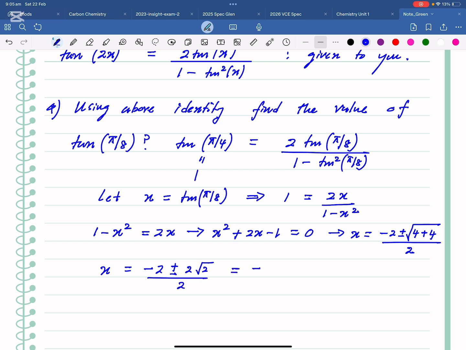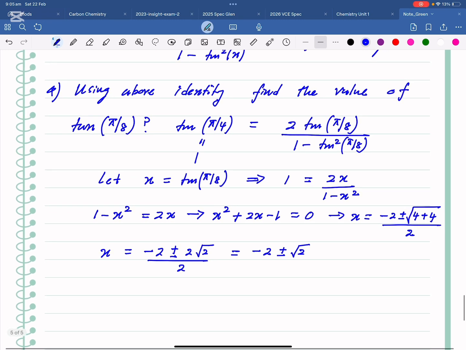So it's going to be minus 1 plus or minus square root 2, right? So what is x now? x is tan pi divided by 8. So tan pi divided by 8, which is x, is this answer.